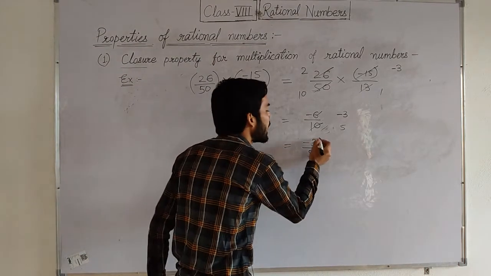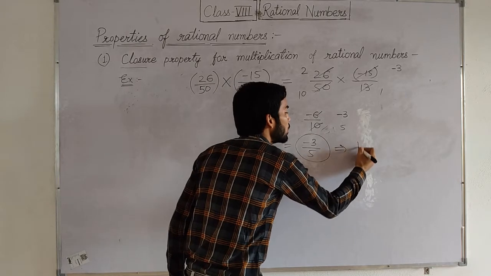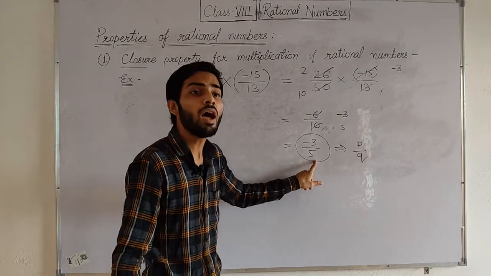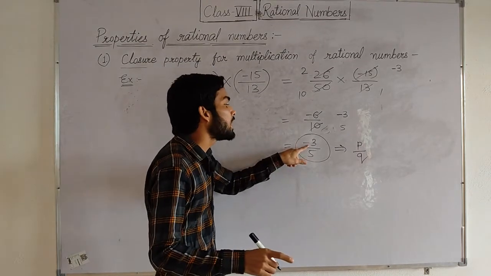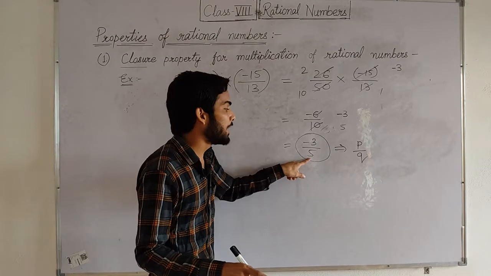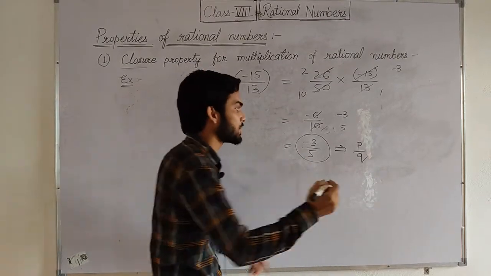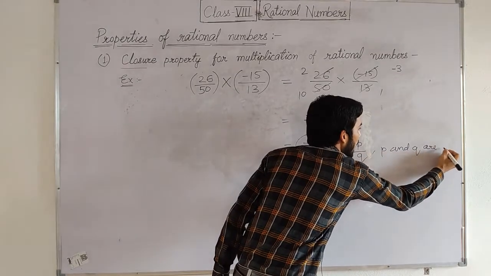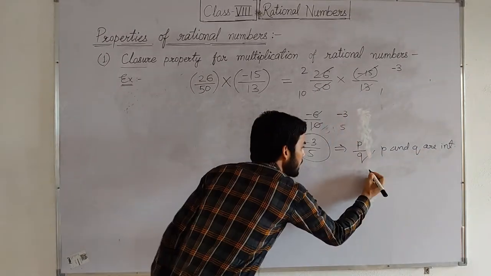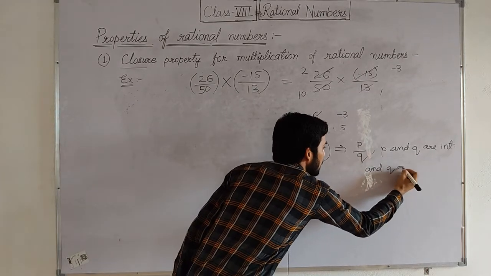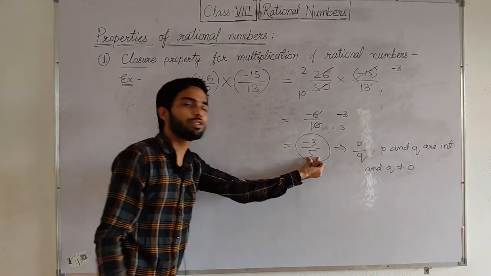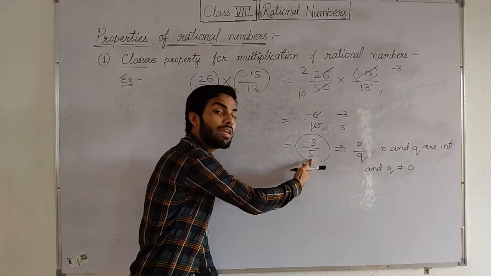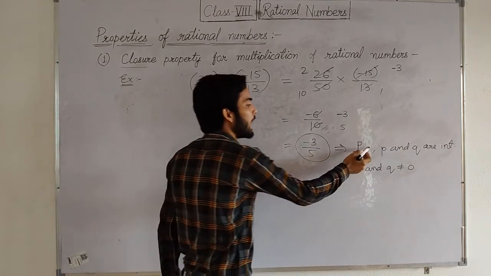Because it is written in the form of P by Q, looking like a fraction, where P and Q, the numerator and denominator, both are integers, and Q is not equal to 0. Is the denominator 0? The denominator is not 0, it is 5 here. So all the three criteria are fulfilled.